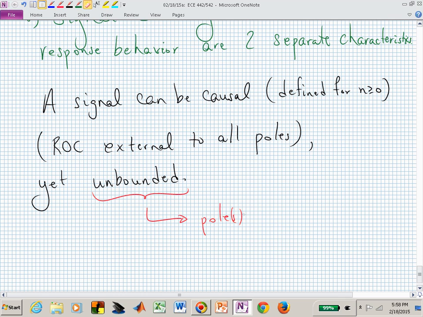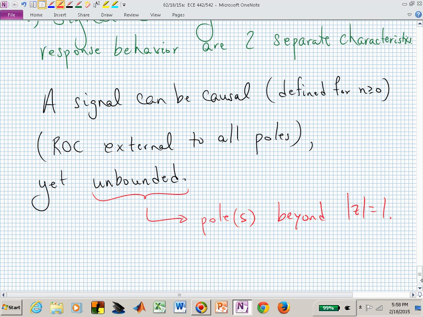And how many poles does it take for a system to be unstable? If I have a system that's 10th order, do I need 9 unstable poles for my system to be unstable? Do I need 8? I only need 1 bad apple, don't I? 1 bad pole, where bad is it has something outside the unit circle, would cause our signal eventually to go unbounded.